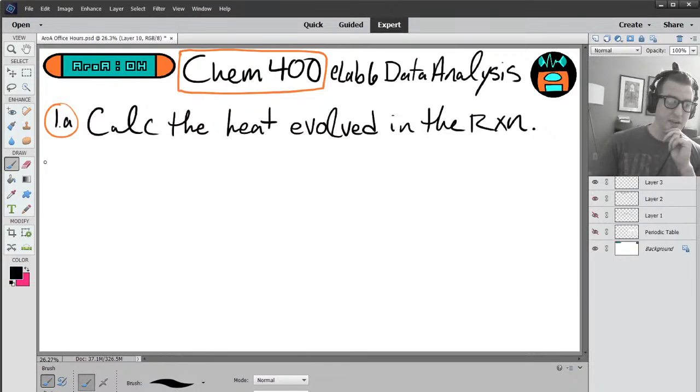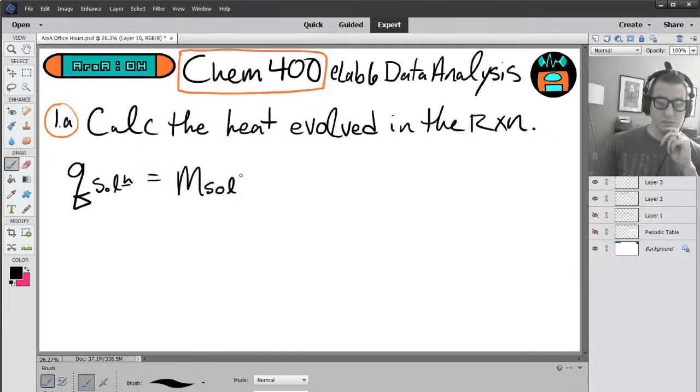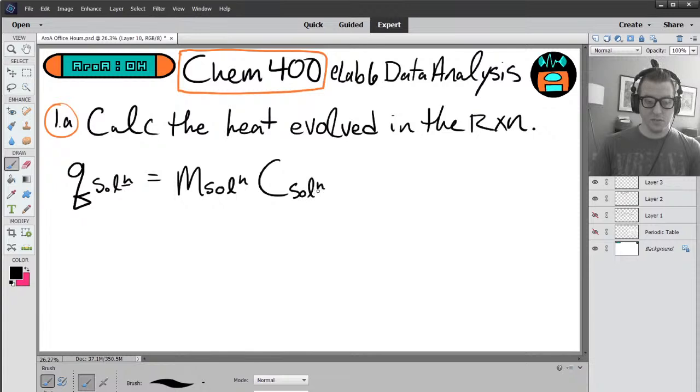Now we need to calculate the heat absorbed by the solution. This is equal to the mass of the solution times the heat capacity of the solution times the change in temperature. Now, we know our change in temperature, right? We calculated that.